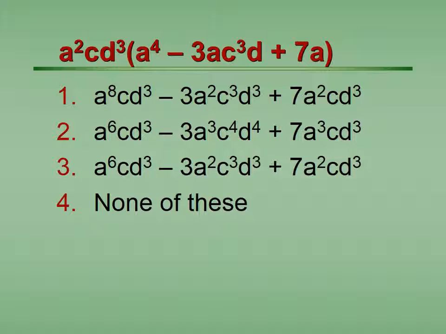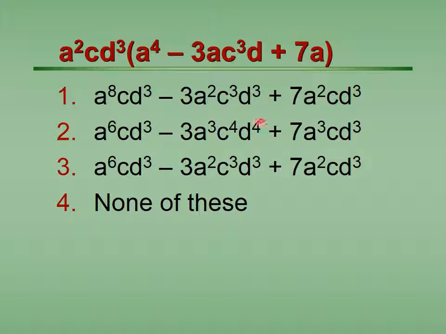Now distribute this one and see what you get for an answer. Well, when you distribute a squared c d cubed to a to the fourth, you're taking a to the second times a to the fourth, so that would be a to the sixth c d cubed. So I know it's going to be either option 2, 3, or 4. Then I take the a squared c d cubed and I multiply it to my next term.